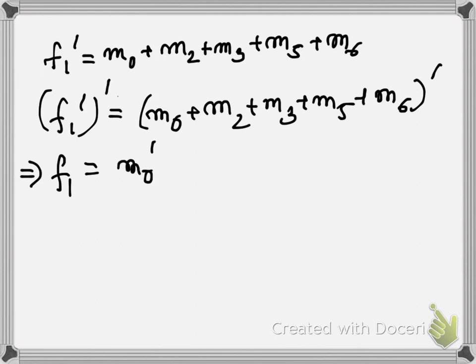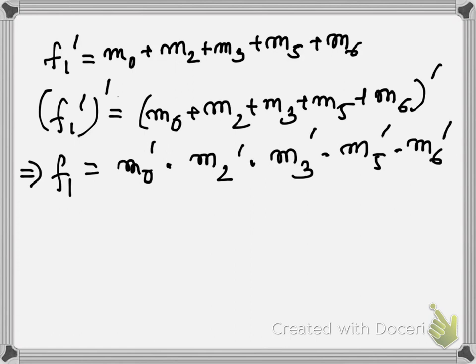By De Morgan's law again, remember, m0 complement dot m2 complement dot m3 complement dot m5 complement dot M6 complement. Now what is M0 complement? Remember, Mj complement is equal to capital Mj. The complement of a mean term is the max term and the complement of the max term is the mean term.